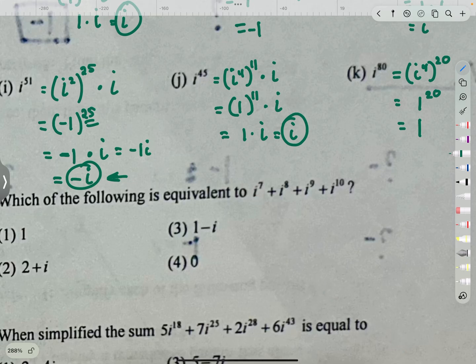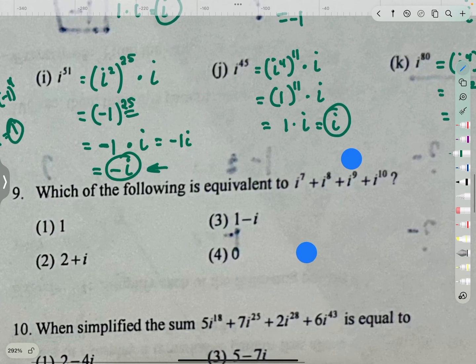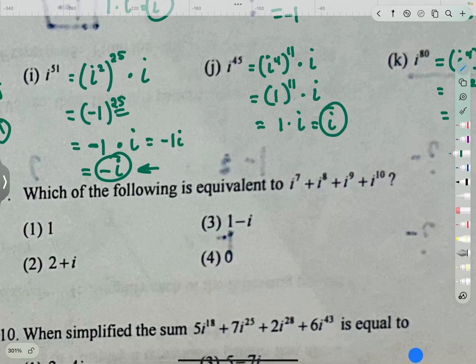So let's just figure out each one individually. I'm trying to think if there's some shortcut you could do with this, but I don't think there is. So I'm just going to do exactly what I did up above. All of these problems, same way. I'm going to write it as i squared, that's an i cubed times an i.